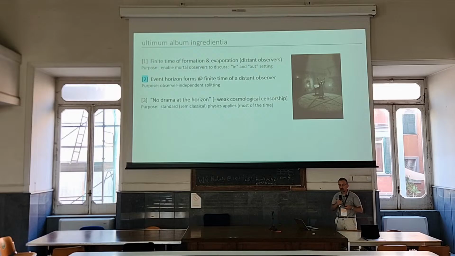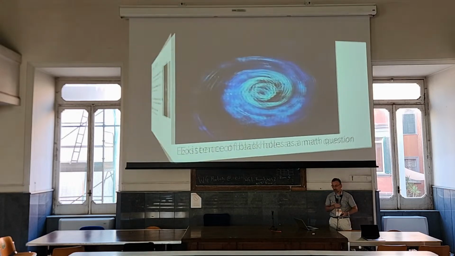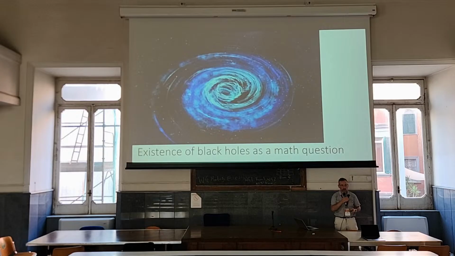Next, the usual assumption, no drama at the horizon. At least the weakest form of the cosmological censorship is realized. And of course, we would like to have thermal or nearly thermal Hawking radiation to take something with low entropy to something with high. Now, let's look only at a few of those properties and see how much traction we can get.